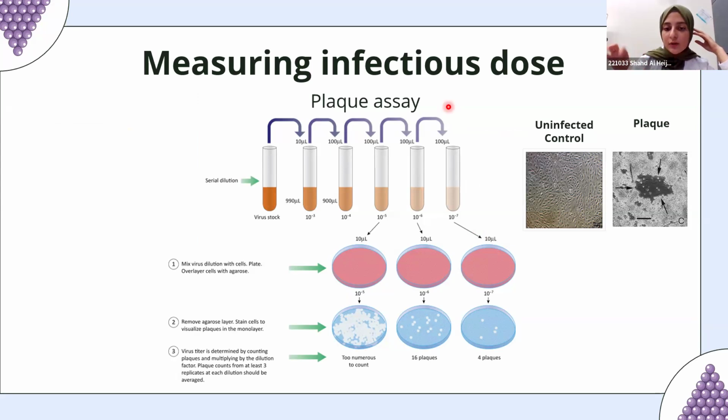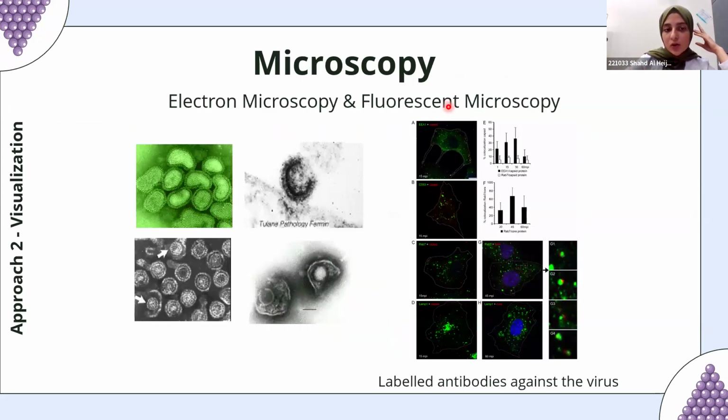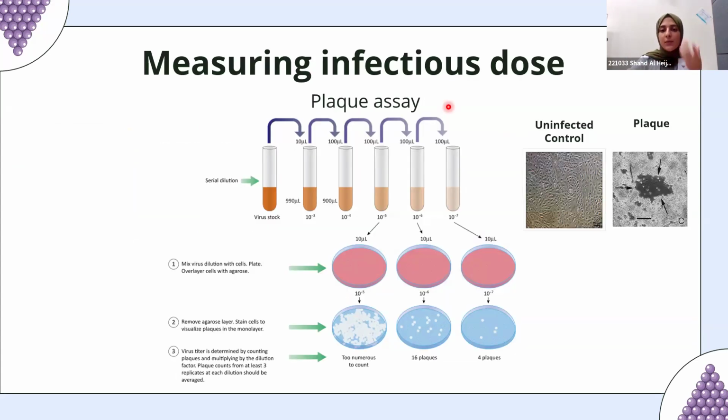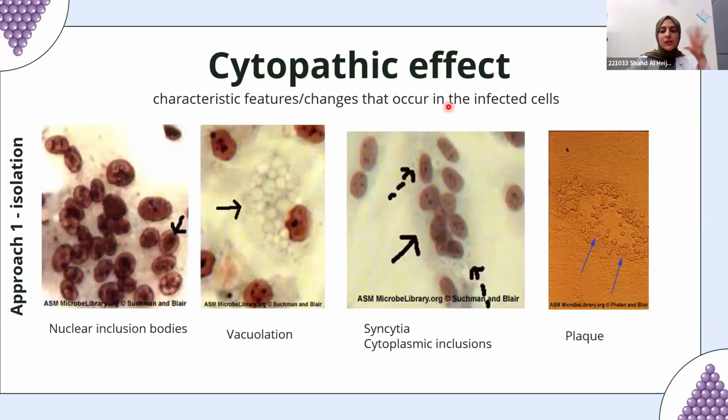In a high infectious dose, you can have many. Here in microscopy, you're just trying to see the appearance, so each one has a different purpose. Here you're trying to see the virus itself. Here you're trying to count to know the amount of the infectious dose. Here you're trying to see the appearance of the cells affected by the virus.